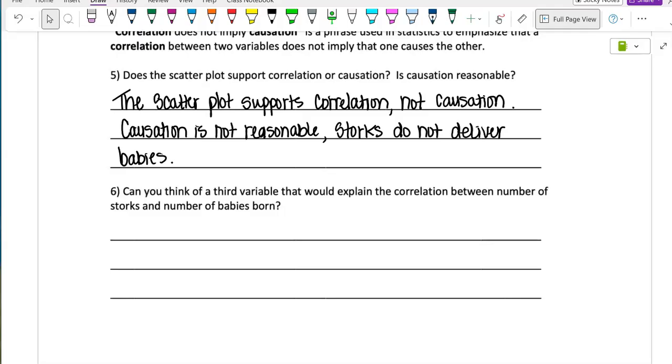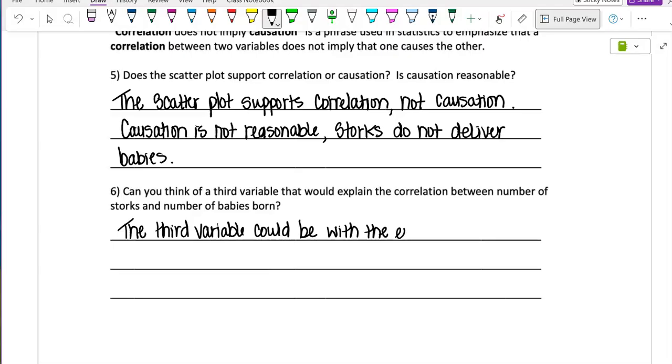So the third variable could be, with the end of the war, people and animals were back where they belonged.